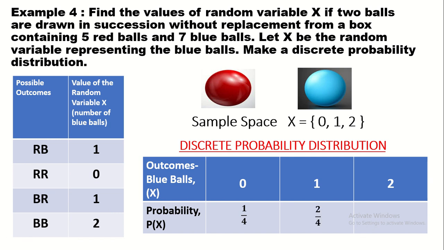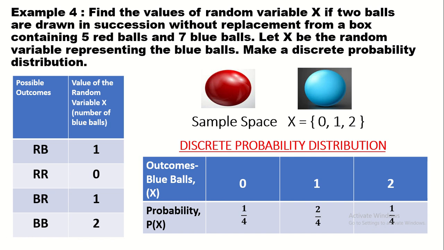Again, sa 4 na ito na nasa denominator, yung random variable X natin ay 1, 2, 3, and 4. Next, ilan naman ang possible outcomes na pwede tayong makakuha ng dalawang blue ball? Ito lang, isang possible outcome ang pwede tayong makakuha ng dalawang blue balls. So that is 1 over 4. Valid ba siya na discrete probability distribution?